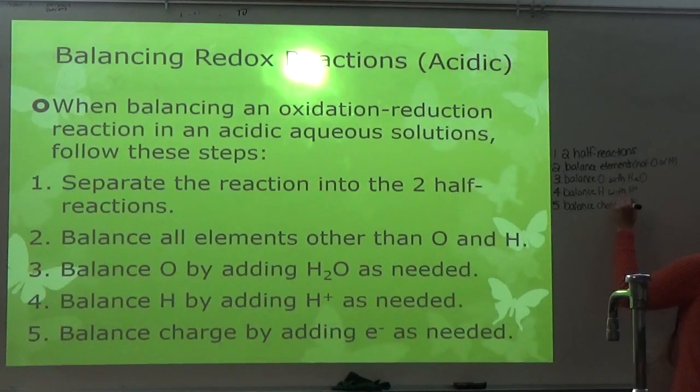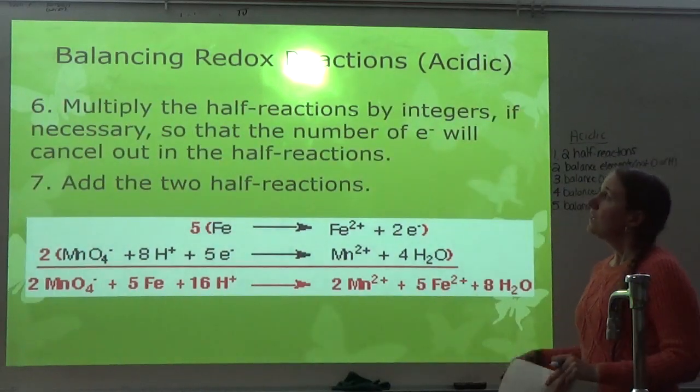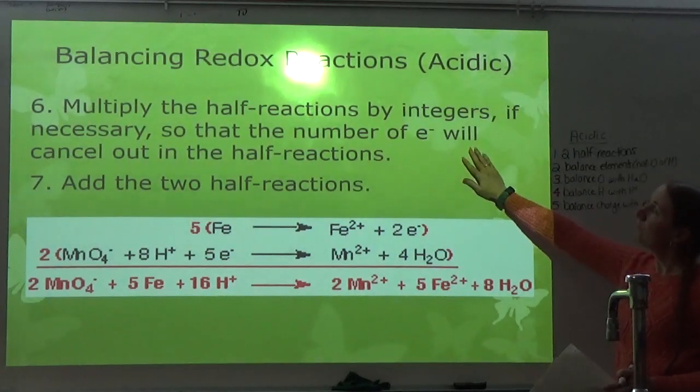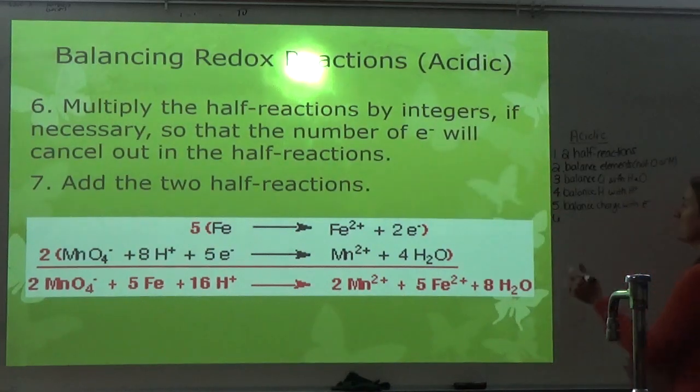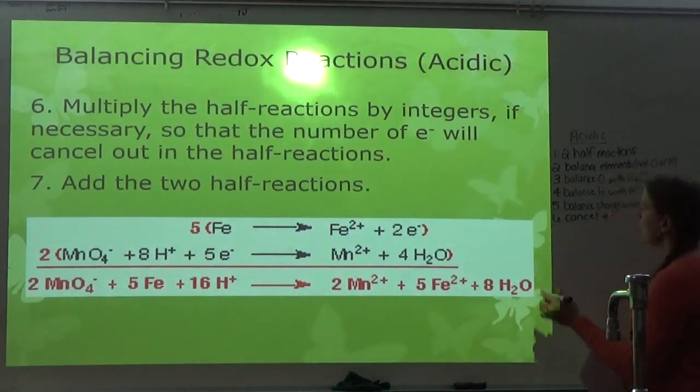We write electrons as just e-. This is what we do if it's in acidic conditions, and it'll tell you. Then we are going to multiply the half reactions by integers if necessary, so the number of electrons will cancel out. I'm going to abbreviate that by putting cancel electrons. And the last part is add the two half reactions.